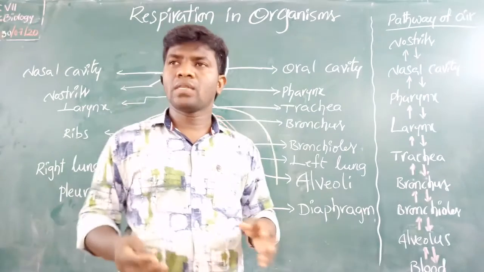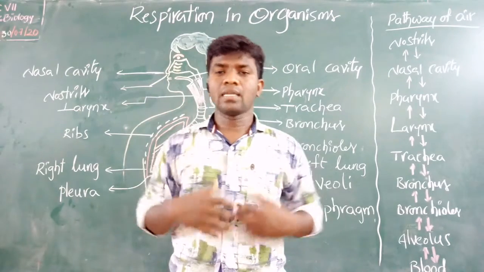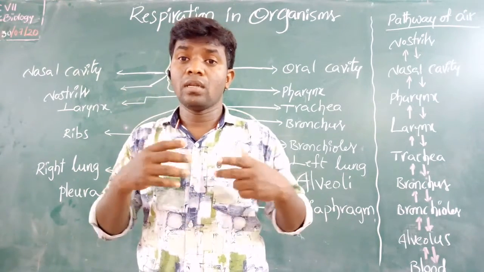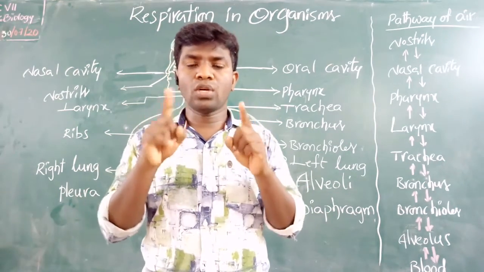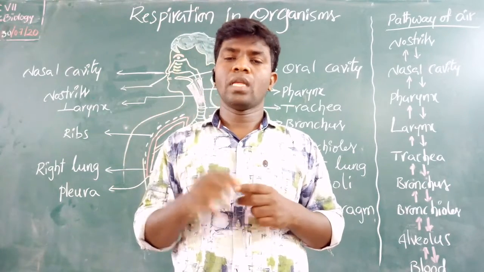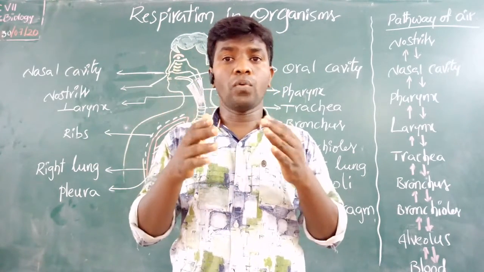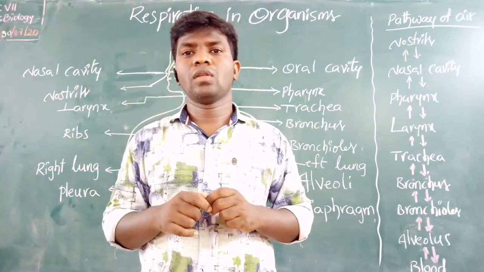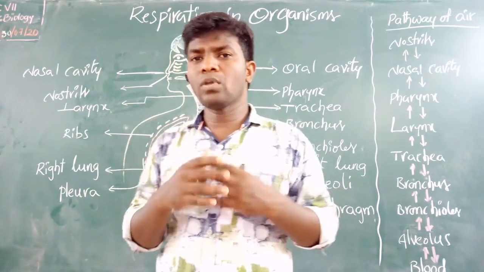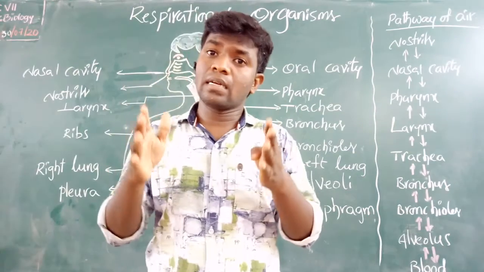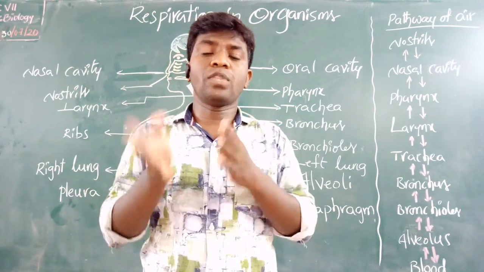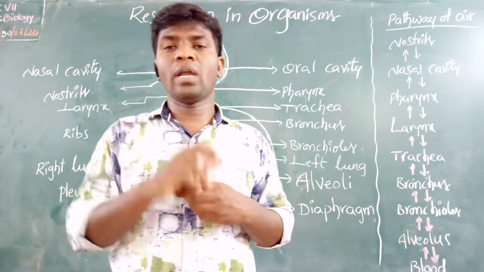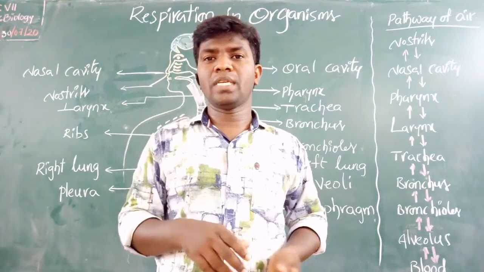Actually, our lungs are capable of filling with air nearly 5,800 ml. The total lung capacity of human beings is nearly 5,800 ml. Normally people at rest inhale and exhale approximately 500 ml of air.